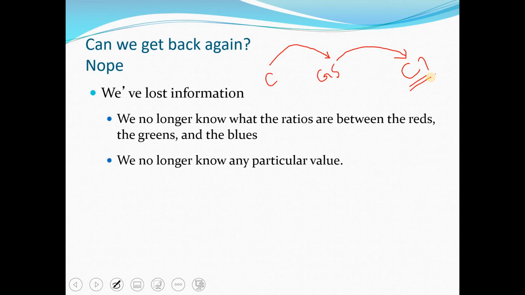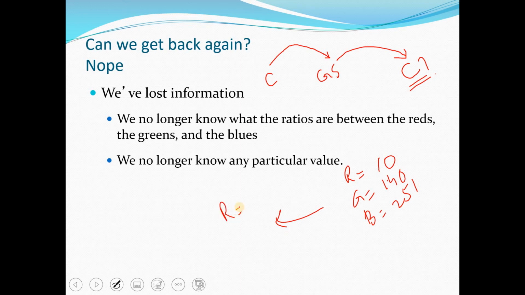So no, the answer is no. When you convert a color image into a grayscale, you are basically losing information. For example, red is 10, green is 140, and blue is 251. Now when you convert it into an average value, you give it a new value.